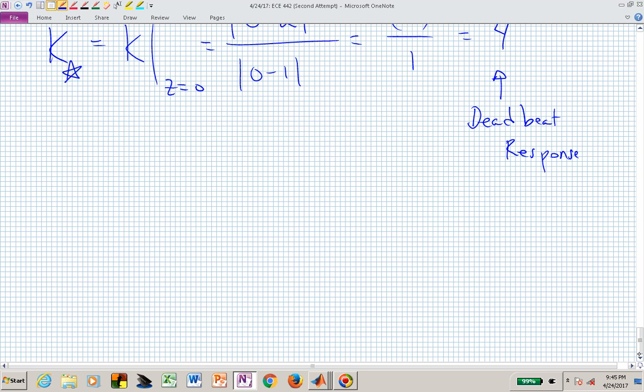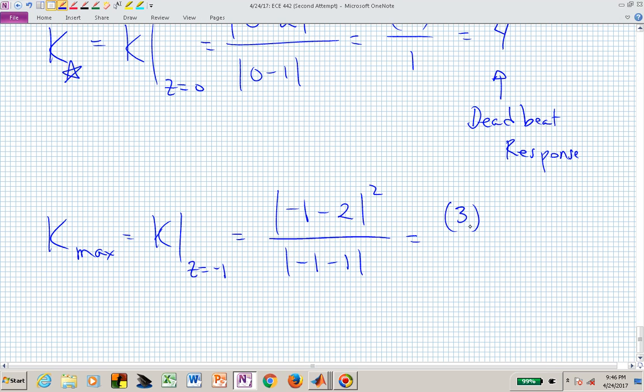Another easy gain calculation would be the maximum gain, which is k when z is equal to -1, or that's now -1 minus 2 squared over -1 minus 1, or this is now 3 squared over 2, which is 9 over 2, or 4.5, which is bigger than 4.